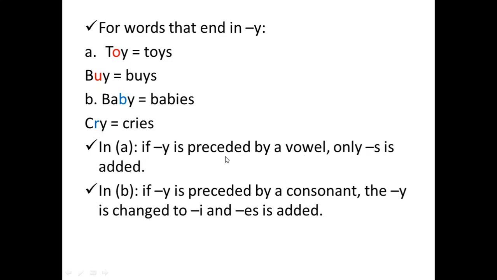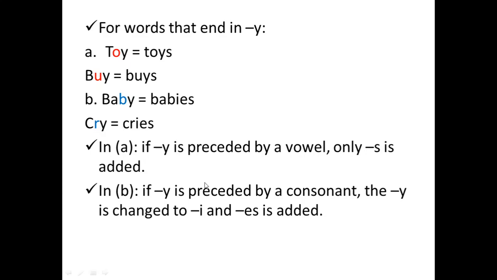Preceded means if it comes before the Y. Now, as you know, O is a vowel. So toy, if we're going to add an S to this, or ES, we don't know. Listen, if it is preceded by a vowel, we only use S, not ES.